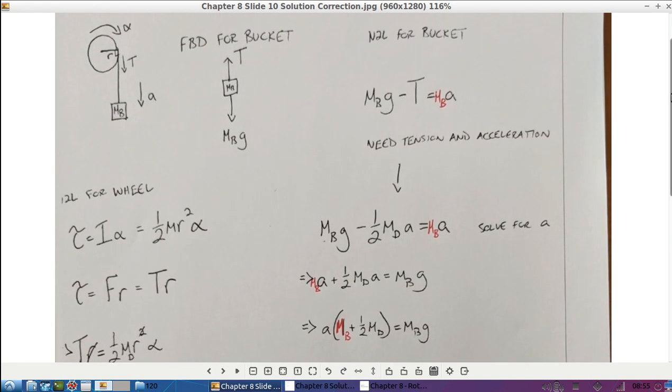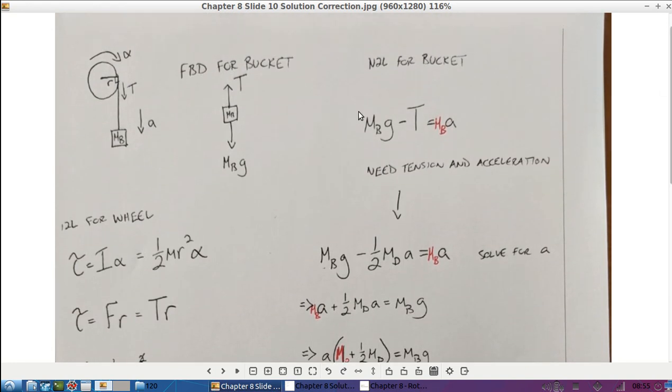But Newton's second law for the bucket, free body diagram for the bucket, like we did back in chapter 4, and then Newton's second law for the wheel. But we have a new Newton's second law for rotational motion.